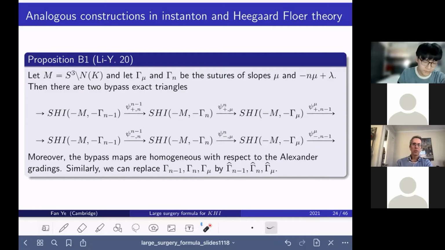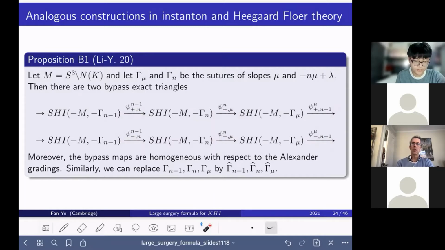The triangles are in SHI of gamma_{n-1}, gamma_n, and gamma_mu. And the other triangle is also for gamma_{n-1}, gamma_n, and gamma_mu, but the maps are different. For the maps in the first exact triangle, we call them positive bypass maps. And for maps in the second triangle, we call them negative bypass maps. So those are the bypass exact triangles we will use.